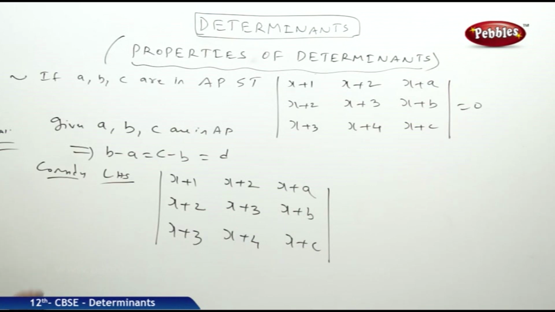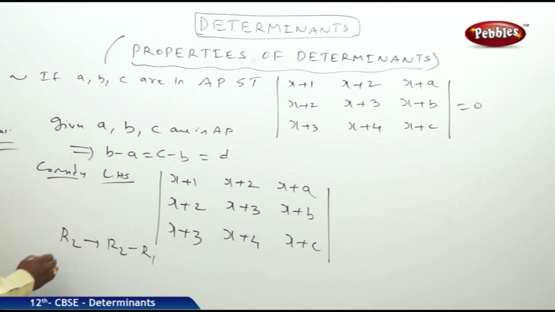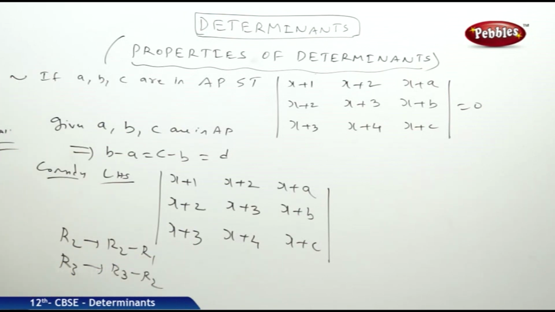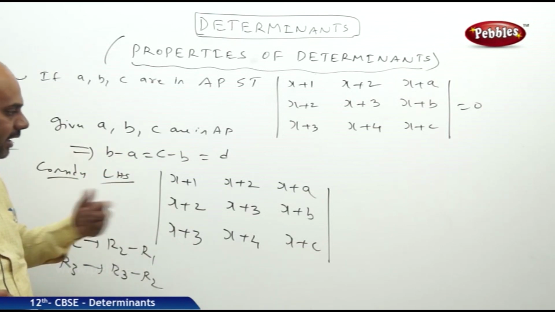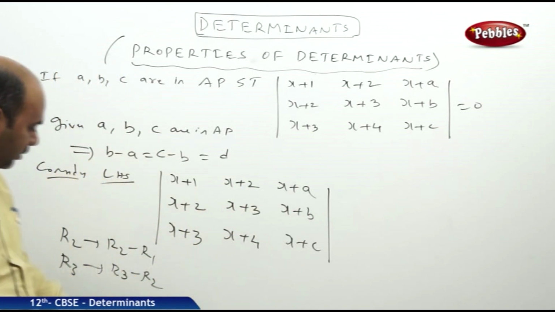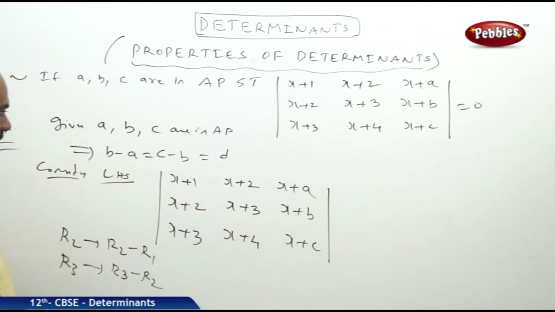Now what I will be doing is operating R2 implies R2 minus R1 and R3 implies R3 minus R2. How I got the idea: here a, b, c are in AP, b minus a and c minus b I should get. That is possible only when I subtract R2 and R1, and c minus b when I subtract R3 and R2.